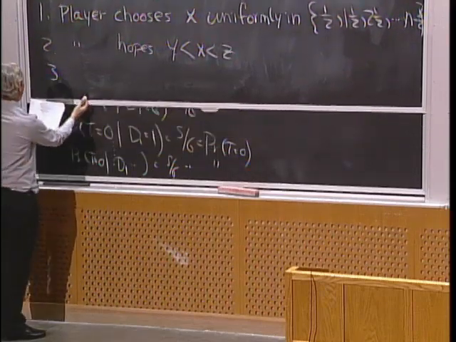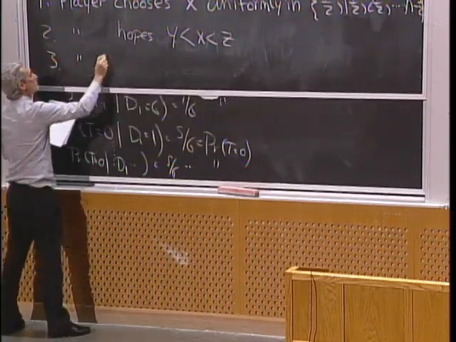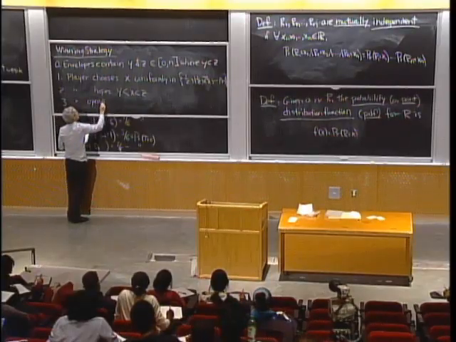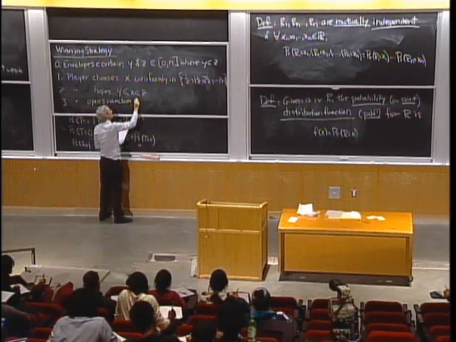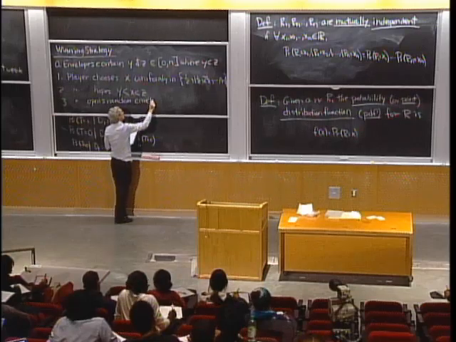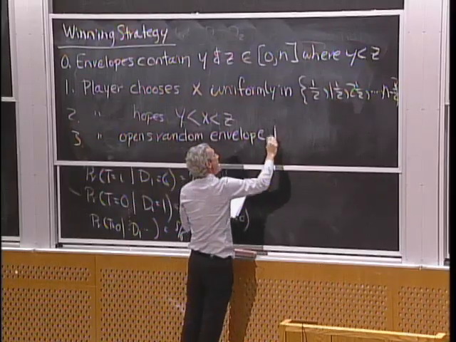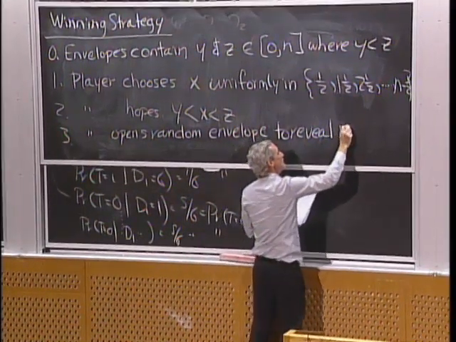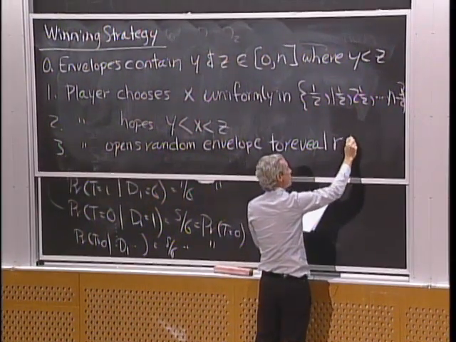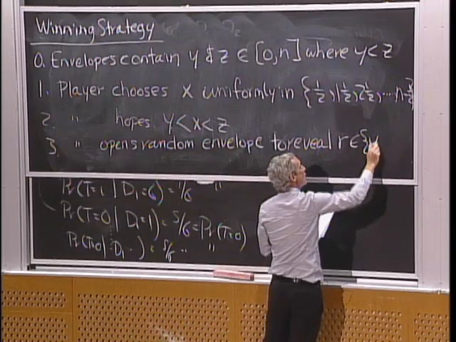Then the player opens a random envelope (50-50) to reveal a number r, which is either y or z, but the player doesn't know which one.